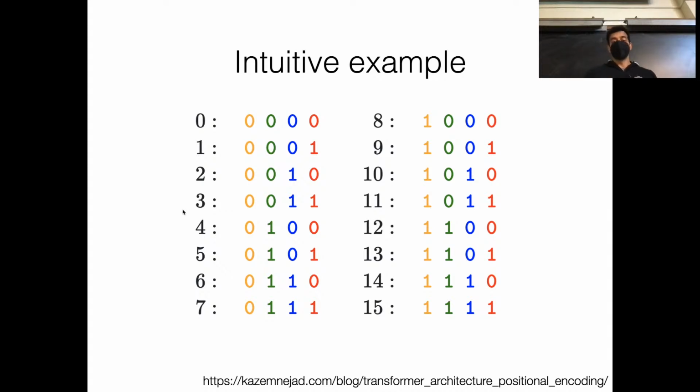So if you think about this binary encoding, you can see that this digit over here in orange is only flipping every 8 positions. This green one is flipping every 4 positions, the blue one every 2, the red one every 1. And so if I extended this, I could use this to model a lot of different positions.